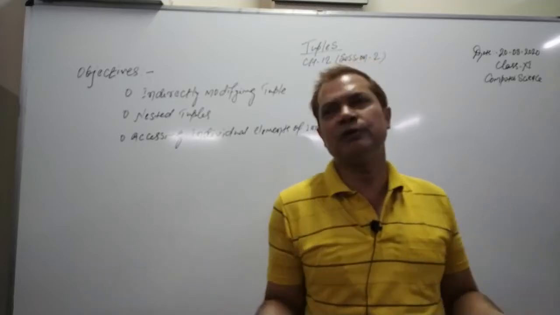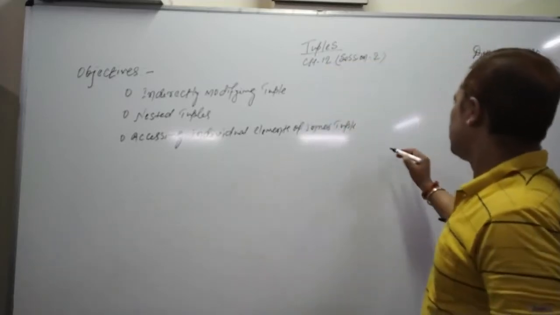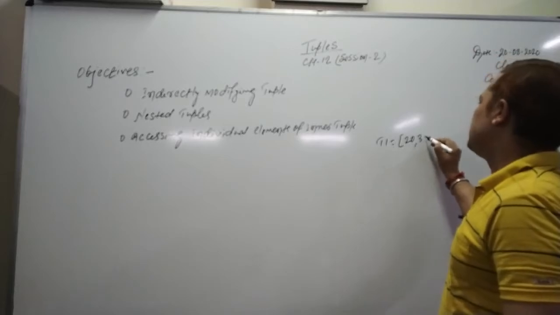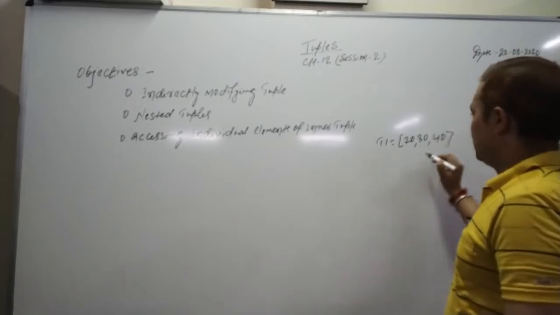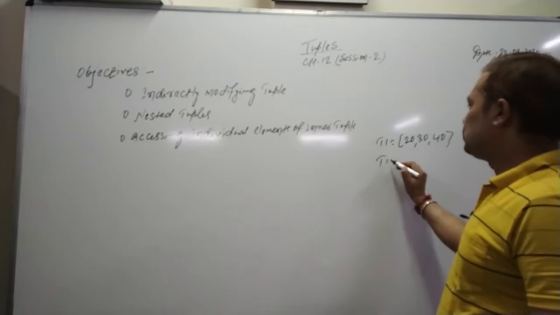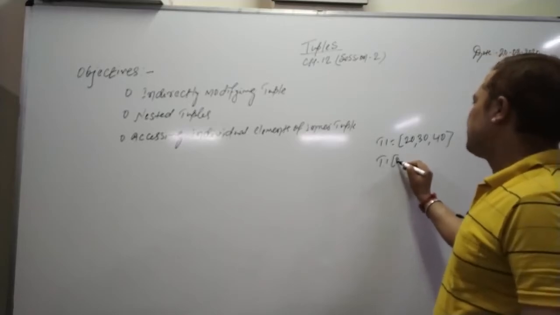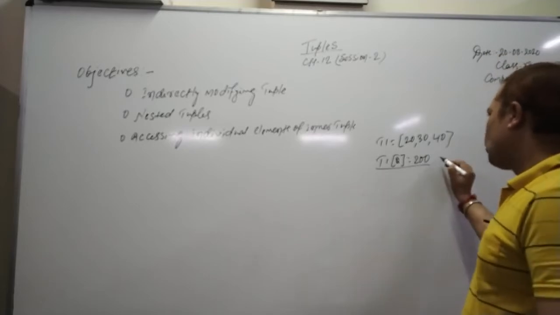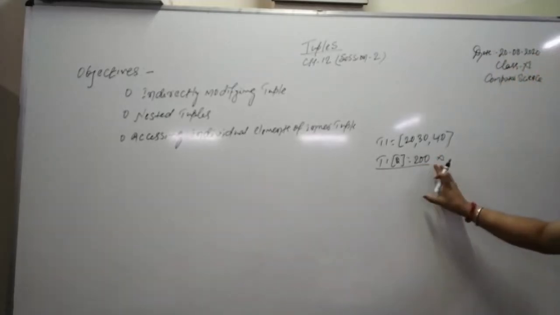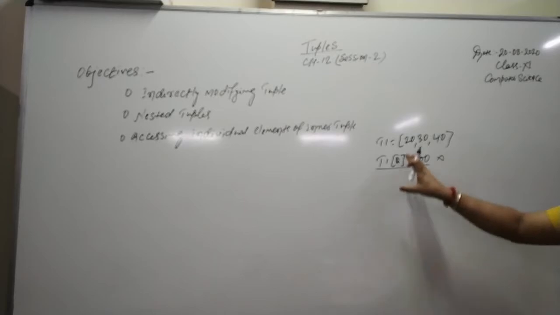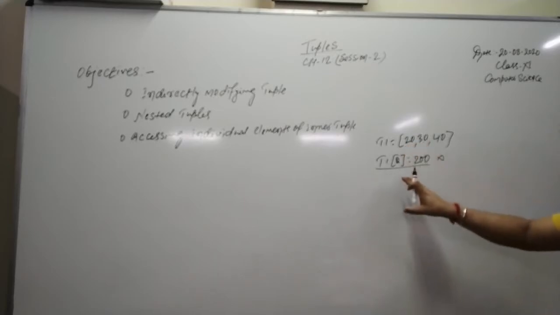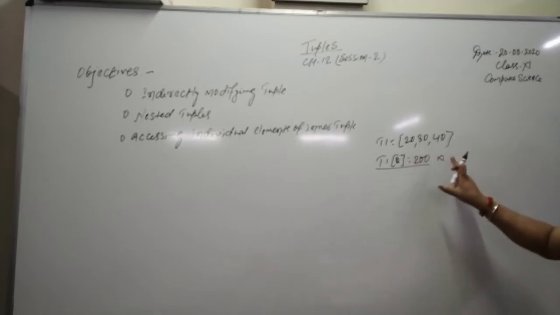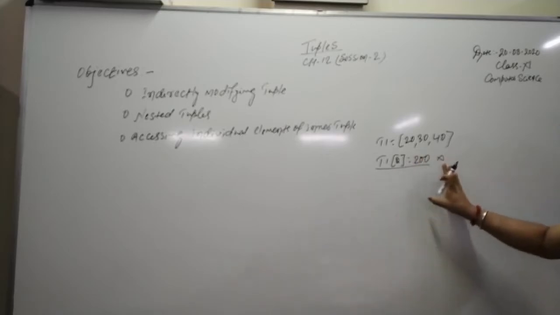If T1 is a tuple with elements 20, 30 and 40, and someone tries T1 of 0 equal to 200, it is completely wrong in Python. Python will give you an error, because you are trying to modify a particular element directly using its index number. Not possible, it will give you an error. So this must be very clear.